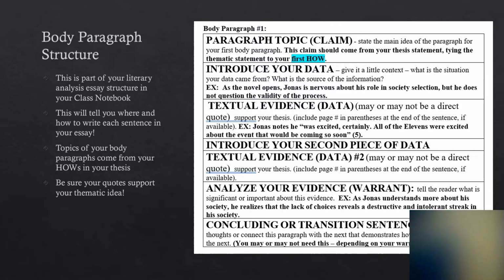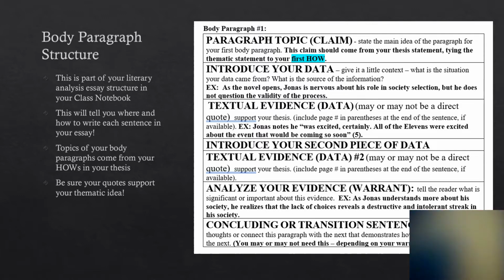It's part of your literary analysis essay structure in your class notebook, because you've also got the information there on introductory paragraphs as well. And this will tell you where and how to write each sentence. The most important thing is to remember that your body paragraph topic is going to be your first how. So let's say you had decided that the author developed the character through characterization. This whole paragraph is going to be about characterization, all right?